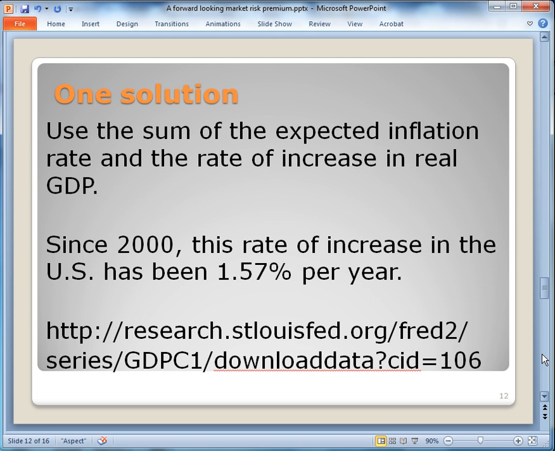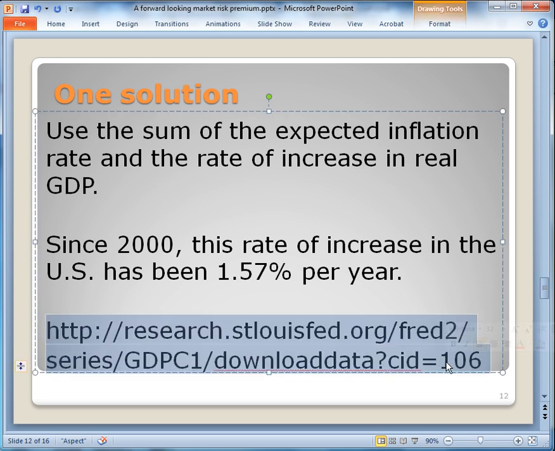So if we can get some expectation of real GDP increase and then some expectation of inflation, and that expectation of inflation may very well change from month to month, and add those together, then we can get a pretty good estimate of the expected future increase in either nominal GDP or just sales as a whole for the market as a whole. Now we can get this GDP information from the St. Louis Fed, and you can actually go to this URL and download it directly. I've got it for you already.